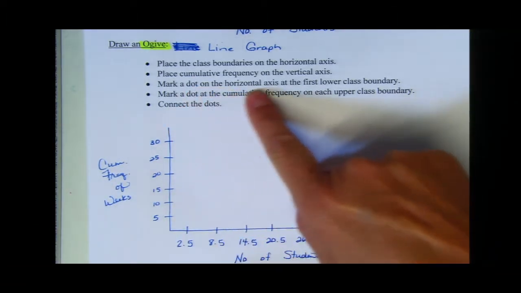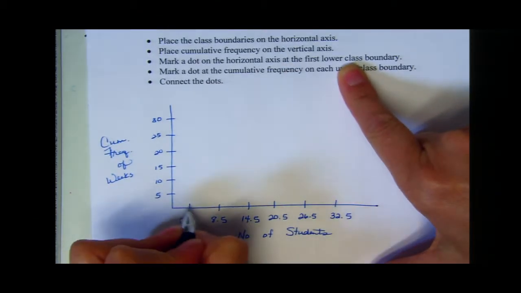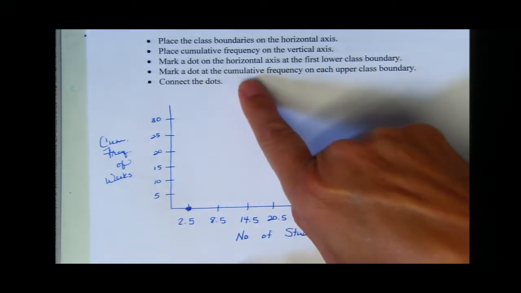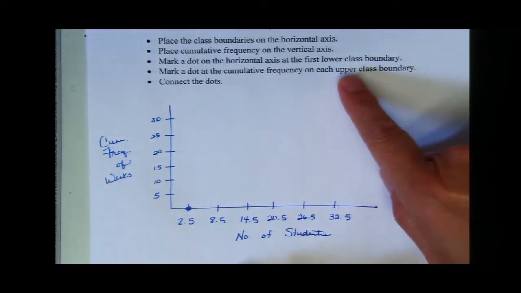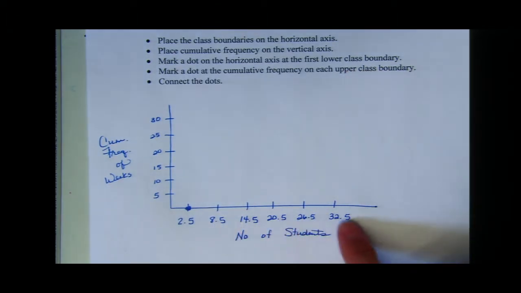Mark a dot on the horizontal axis at the first lower class boundary, so that would be right here. Mark a dot at the cumulative frequency on each upper class boundary. So that would just basically be these next 5.